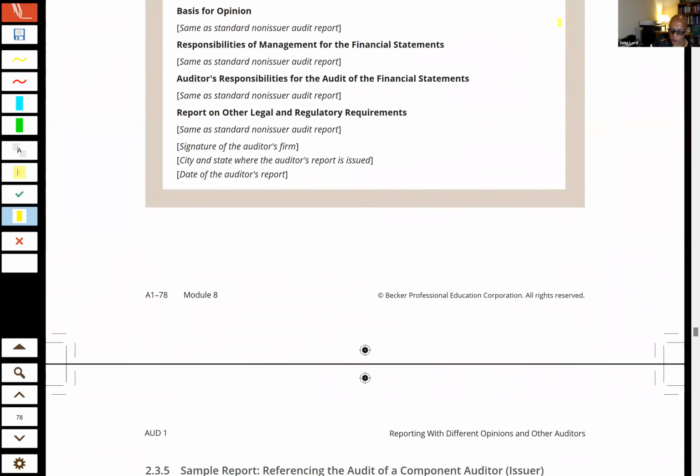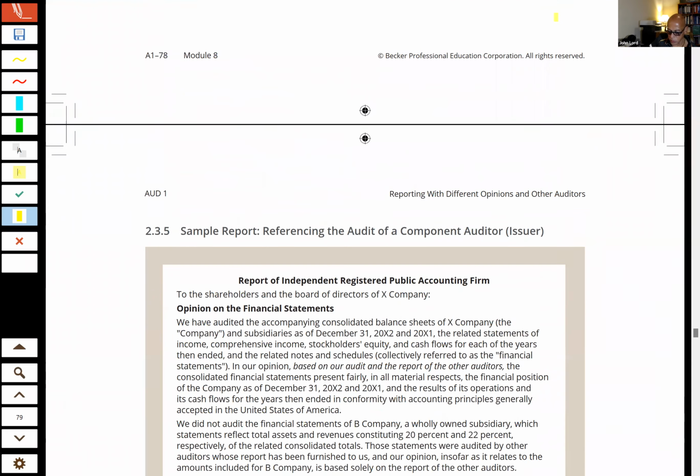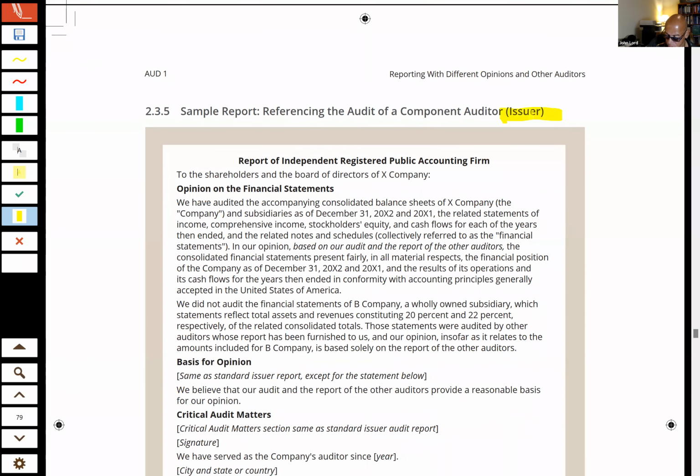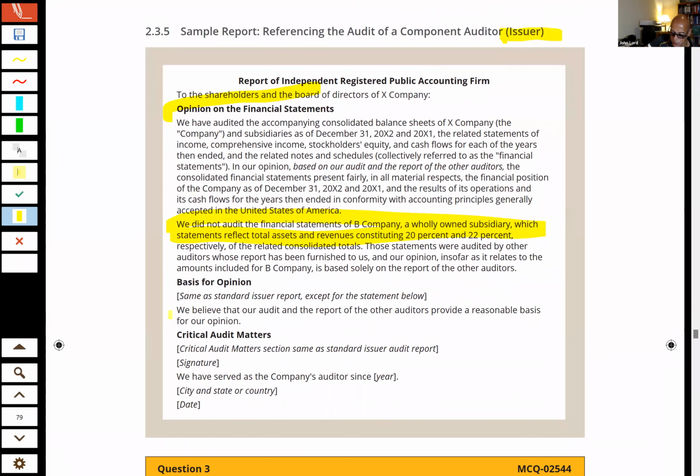Now when you come over to an issuer, remember we said it affects both the opinion paragraph, and again, we call out the percentage in the opinion paragraph that they audited, the component auditors, and then in the basis for opinion, we say we believe that our audit, just like in the memorized report, and the reports of the other auditors, because we're simply taking their reports and relying on them accordingly.